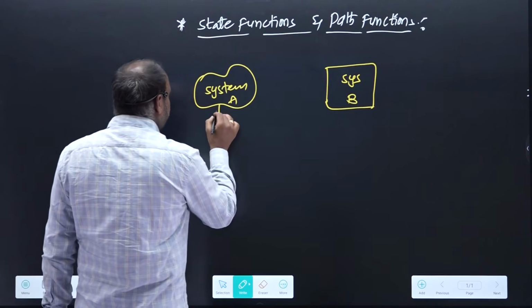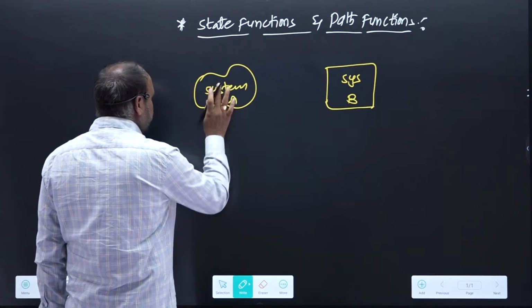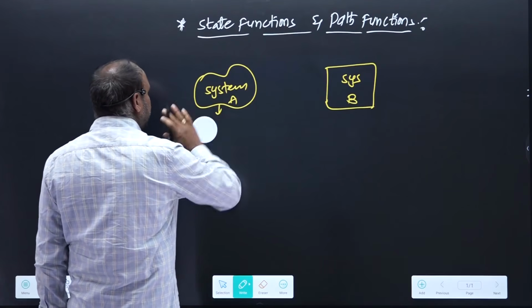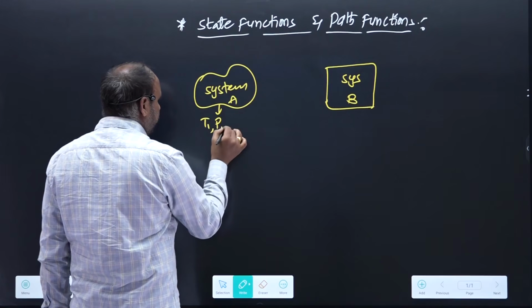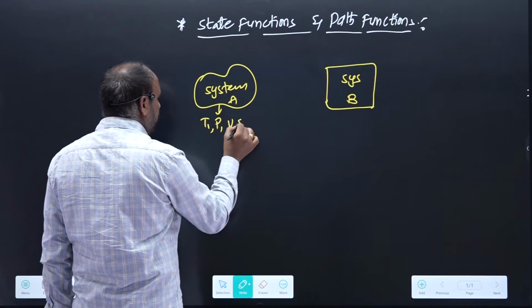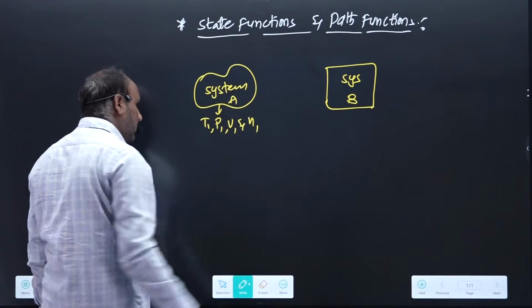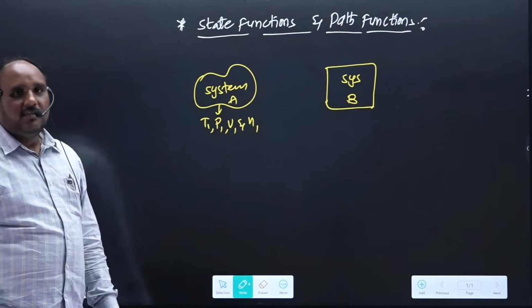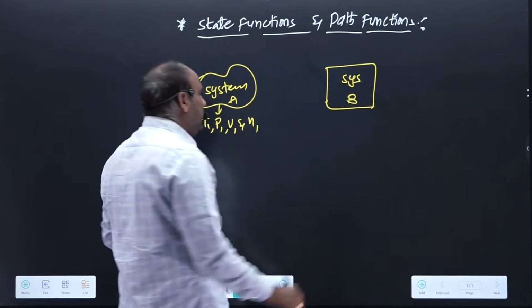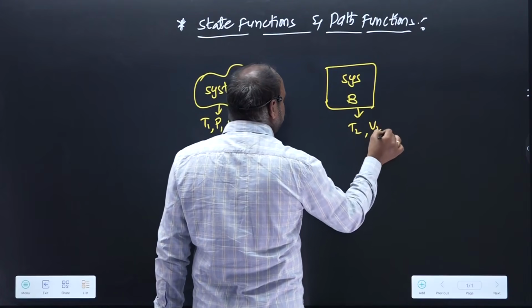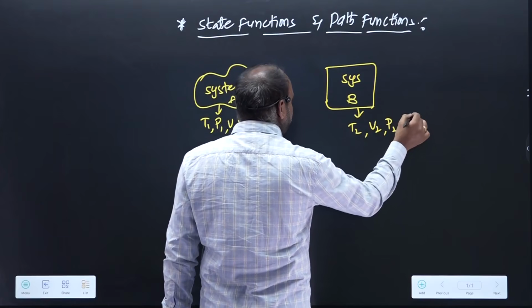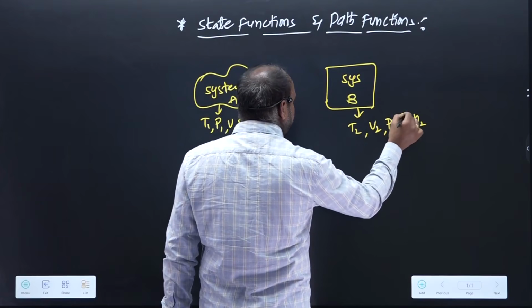System A is present at temperature T1, pressure P1, volume V1 and composition N1, right? System B is present at temperature T2, volume V2, pressure P2 and composition N2.